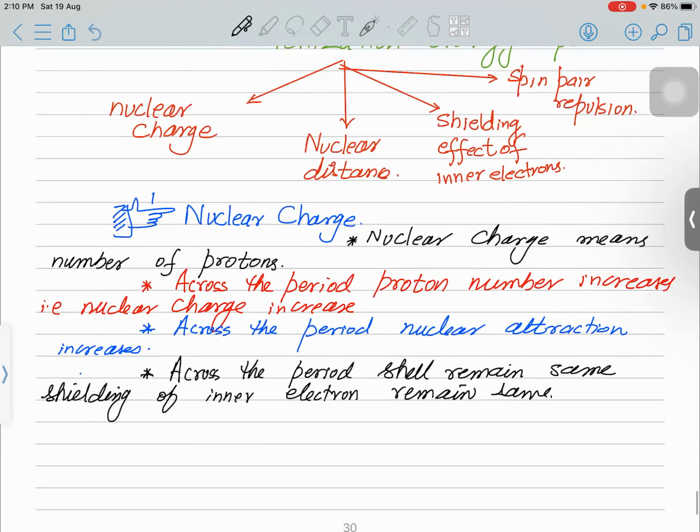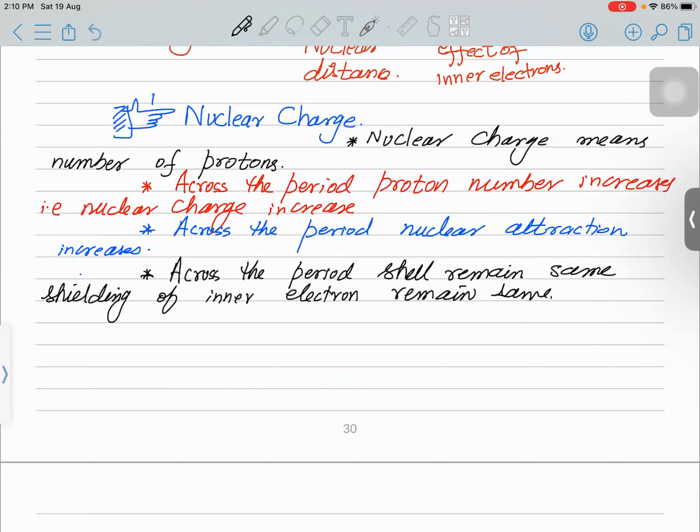As the nuclear attraction increases, do you require more energy across the period or less?